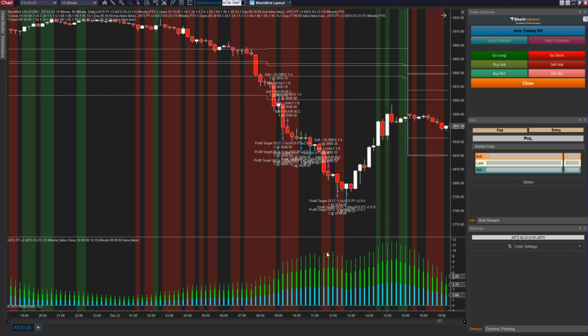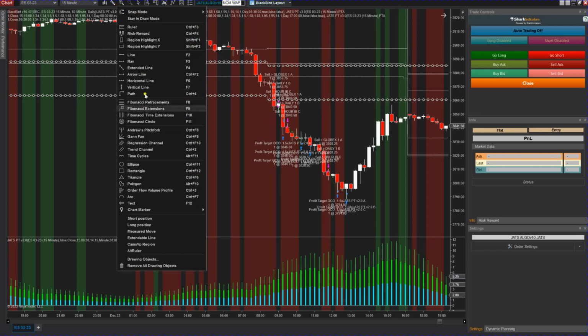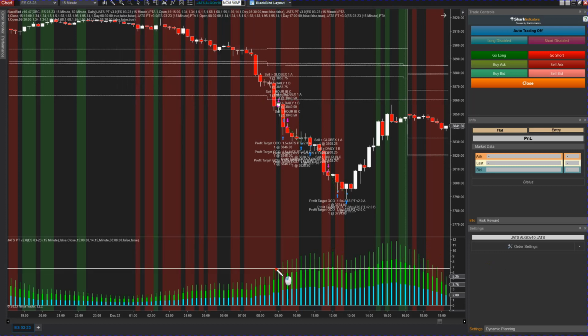And you don't have to have Bloodhound and Blackbird, obviously, to get my indicator. You can just see when price breaks these ranges, and you can see that your range is expanding, going up, and your threshold value is going higher, right? So each 15-minute candle or 15-minute volatility bar is sloping up, right?